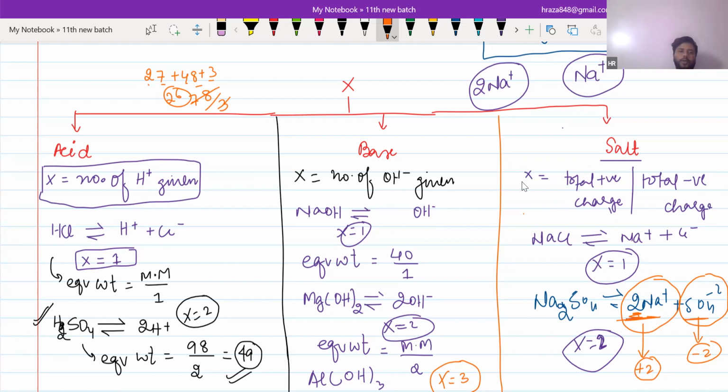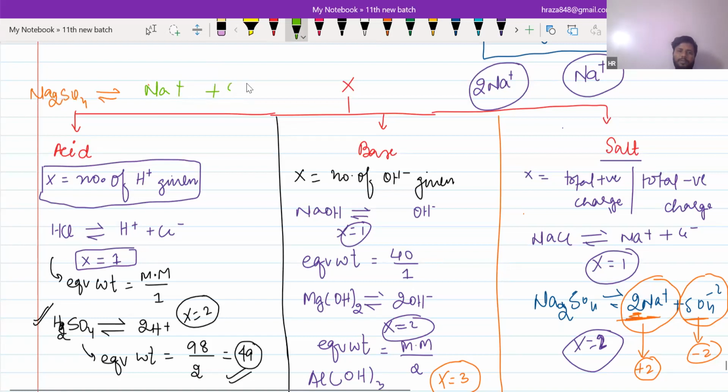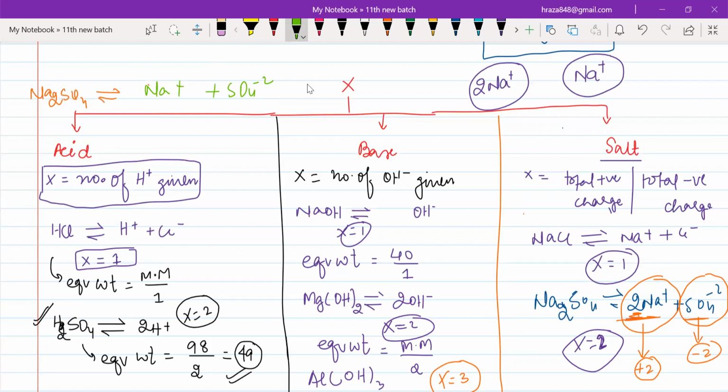Yes. If I take Na2SO4 and just write Na plus SO4 minus 2, is it balanced? No, it is not balanced, so we are going to multiply it.